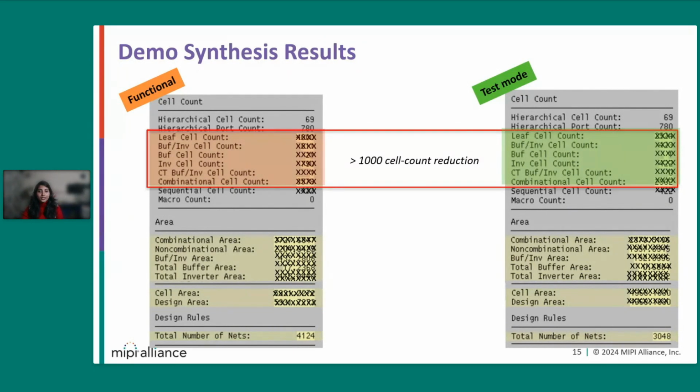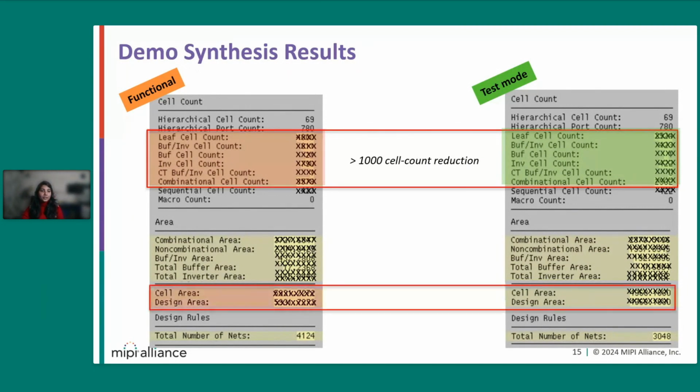Keeping in mind that the number of sequential cells, the flip-flops, is the same in both cases, this is the combinational part, where we see the almost 1,000 cell reduction. And this translates to area reduction as well. So we have here 35% area reduction, which is quite significant.